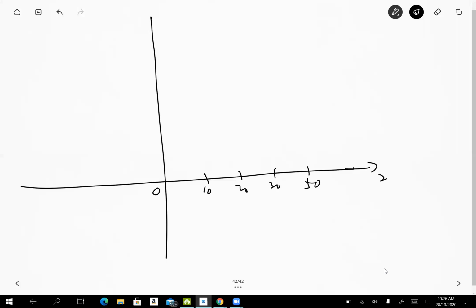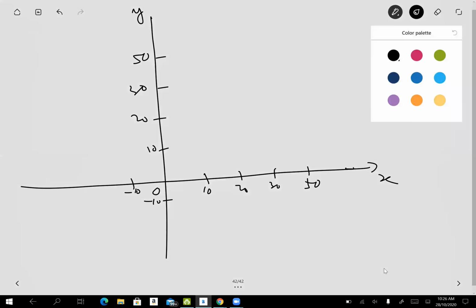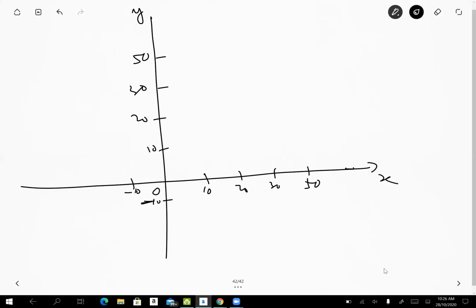So that is X. That's why we use 10, 20, 30, 50. And put some negative values, negative 10. So I think my negative interval is small.